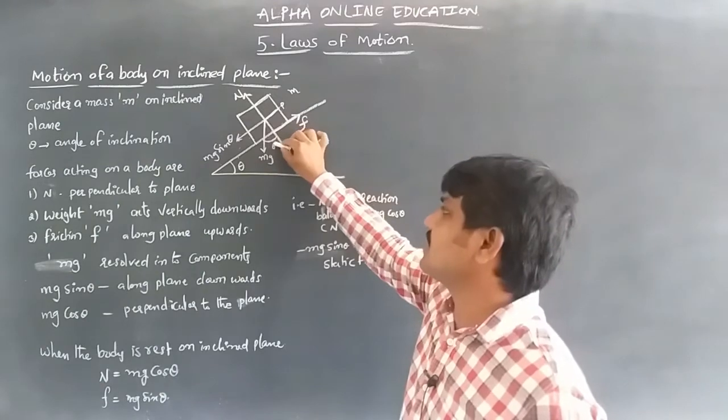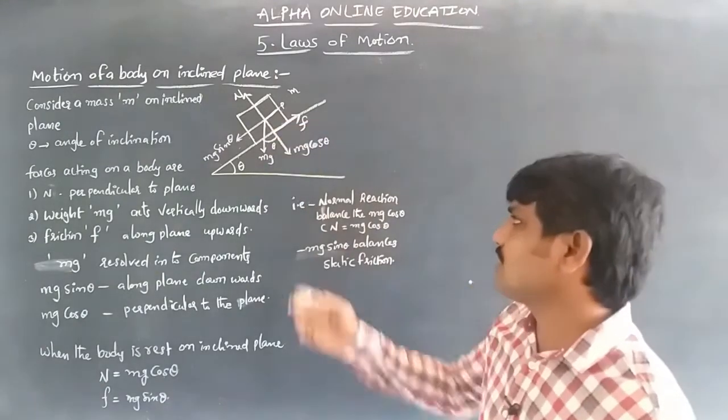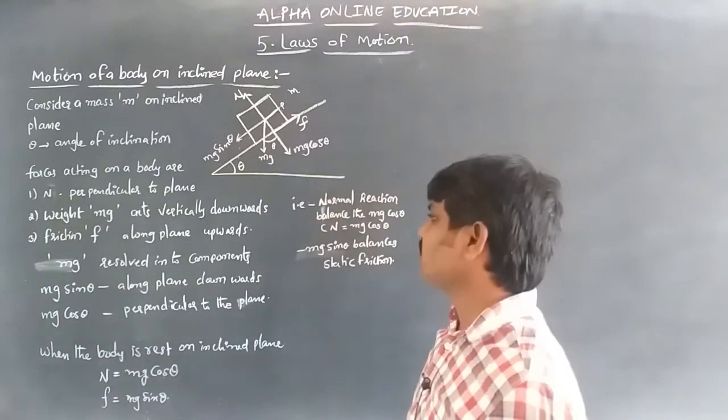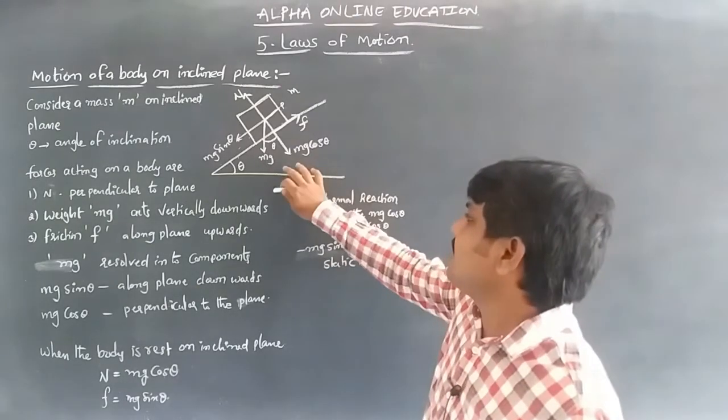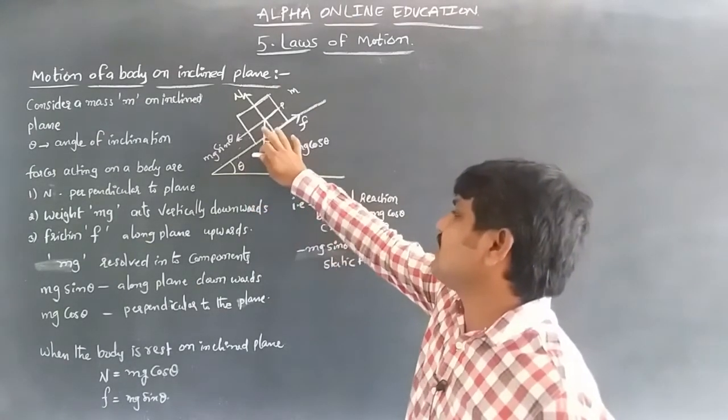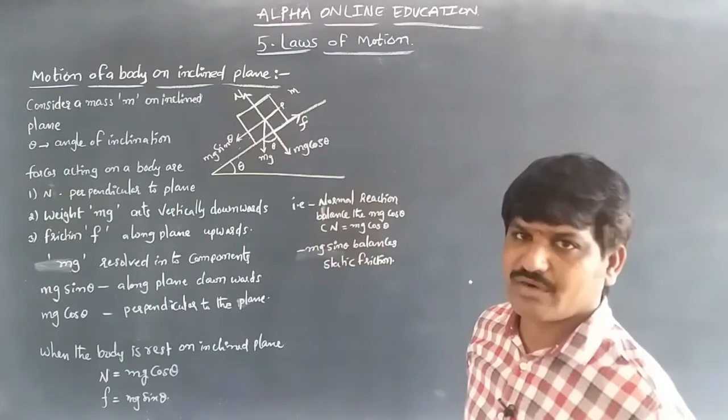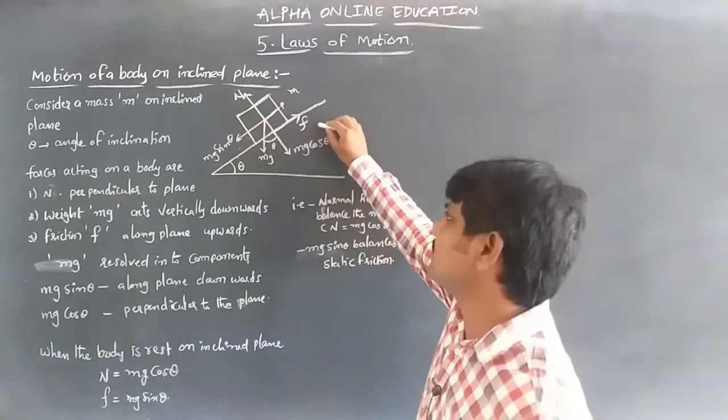The angle made is equal to theta with the weight. So whenever the angle of inclination is theta, three types of forces act on the body.